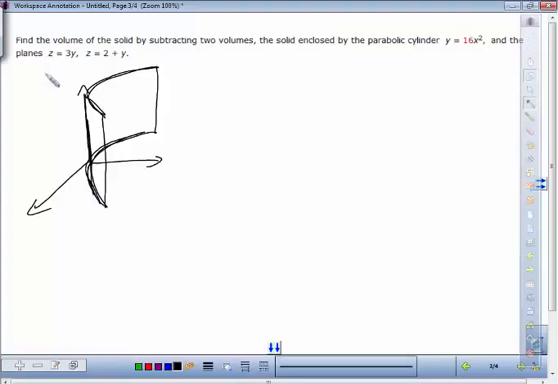And then now we have two other functions. Z is equal to 3y. Let me see. That's on the y and z plane. And this has a slope of 3, so it's fairly steep.